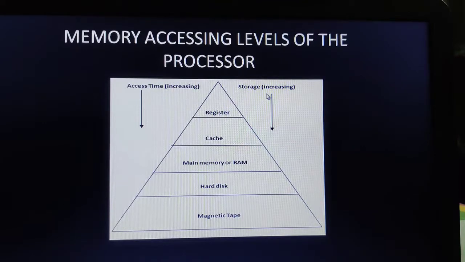According to storage capacity, the register has the least storage capacity, less than the cache memory, because registers, cache memory, and the main memory, random access memory, hold only the recent applications, data, or instructions that the CPU needs for processing. Hence they are temporary storage. But as we go to the hard disk, the internal hard disk will be there in every computer.